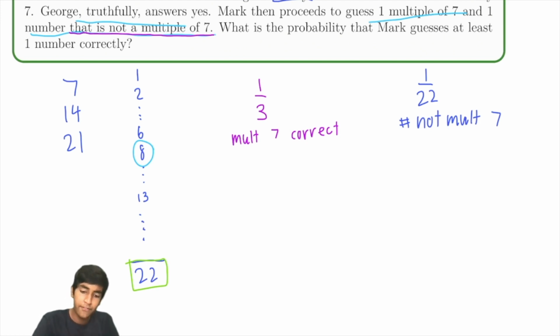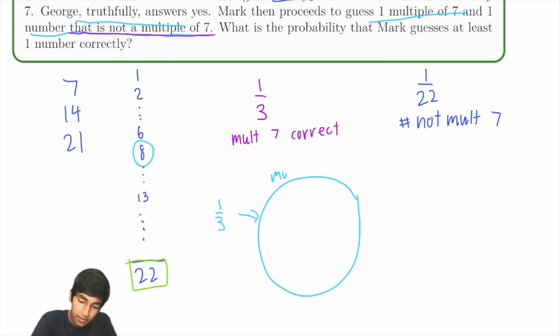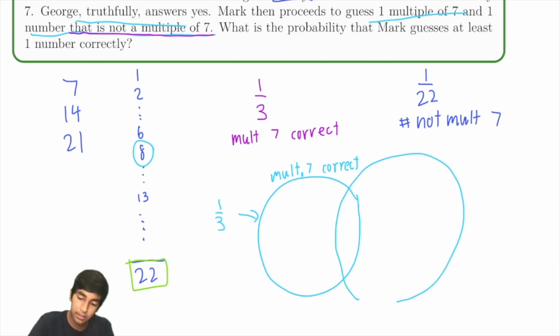So let's explore this with a Venn diagram. This is the 1/3 chance of multiple of 7 correct. So this is the probability he guesses a multiple of 7 correctly. Now, this is the probability he guesses the number not a multiple of 7 correctly. But there's this probability in between we're overcounting.